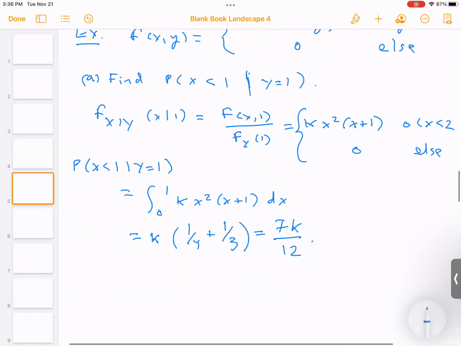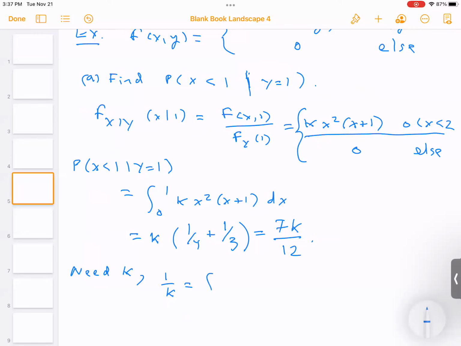We need k. We could get it from back there, but this looks easier to me. So we have 1 over k is equal to the integral from 0 to 2 of x cubed plus x squared dx.